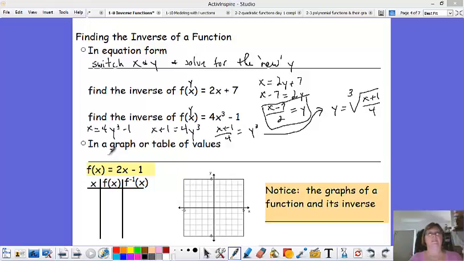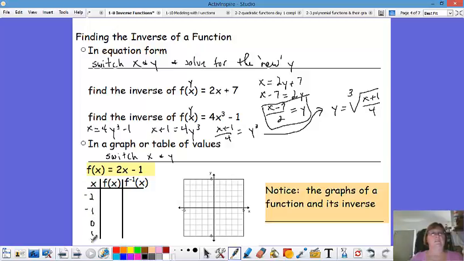Alright. In a graph or a table of values, switch x and y values to find the inverse. You still switch x and y. I'd like to demonstrate that with this little function, f of x equals 2x minus 1. I'm going to use the input values negative 2, negative 1, 0, 1, and 2 to get my values for f of x.